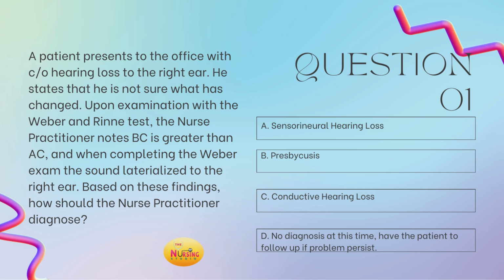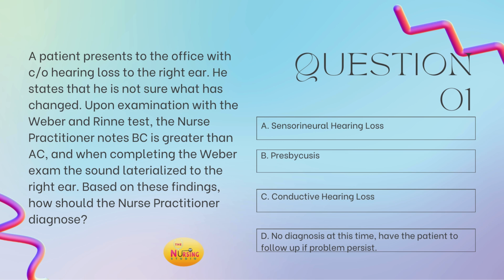Whereas if the sound lateralizes to the unaffected ear, so if he would have said the left ear, the one he's not even complaining about, then it would have been sensorineural hearing loss, right? So something like presbycusis or Meniere's disease and things of that nature, it's a neurologic issue, not a surface level, something is blocking it right here issue. That's why it's lateralizing to a totally different side than he's even complaining of, okay?